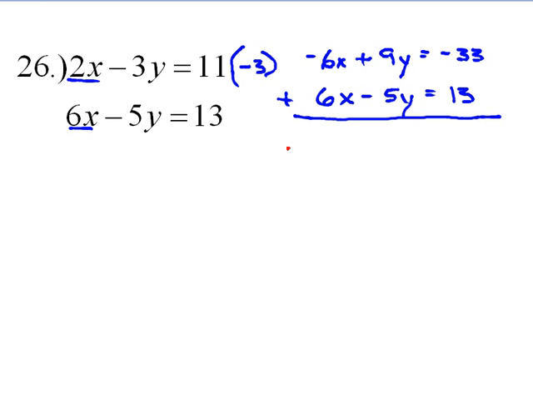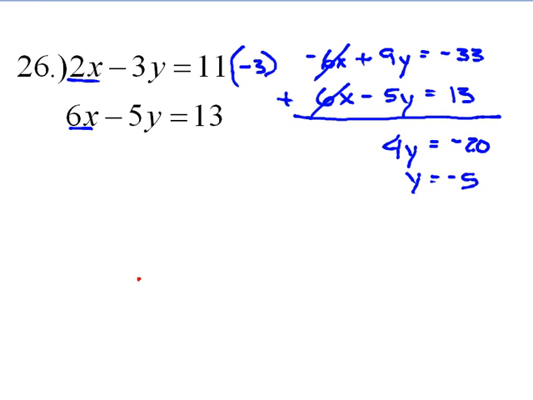Then we simply add the two equations. Our x's cancel out this time, and we end up with 4y equaling a negative 20. So our y equals negative 5.